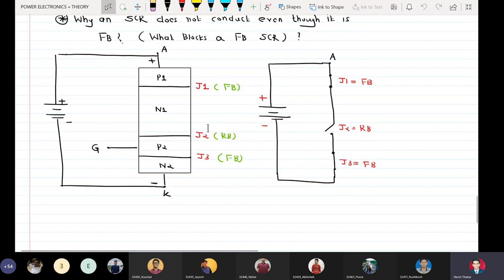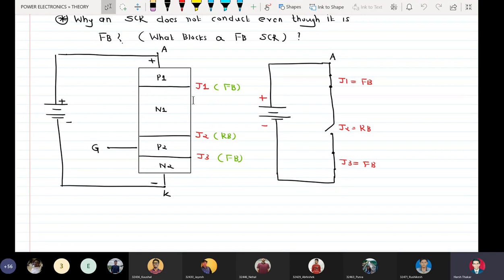Now SCR being a 4-layer device, 3 such interfaces are formed. The first interface is between P1 and N1, called junction J1. The second interface is between N1 and P2, called J2, while the third interface is between P2 and N2, called J3.